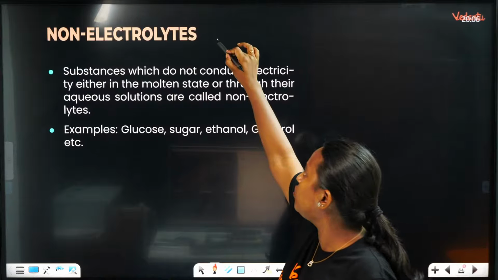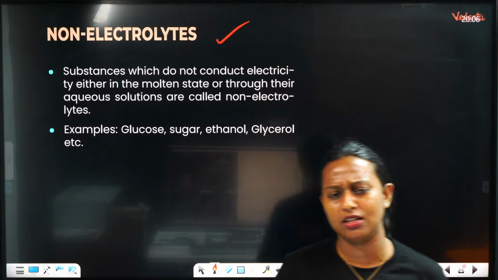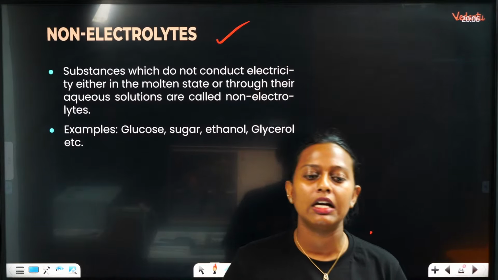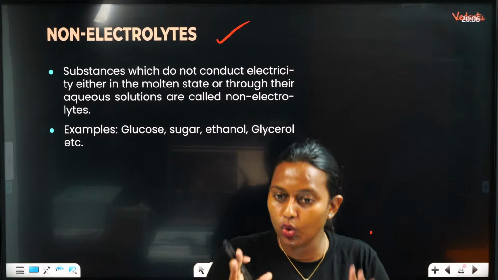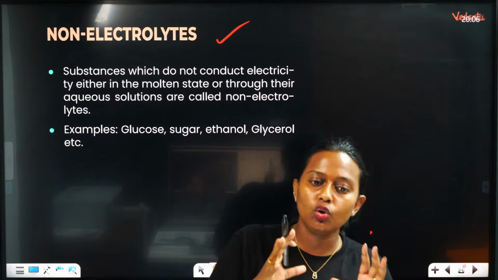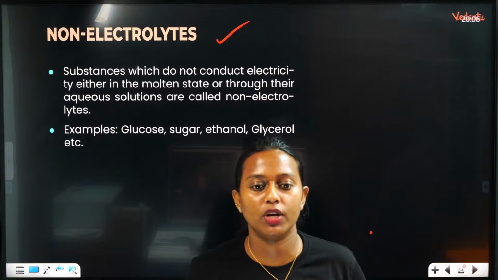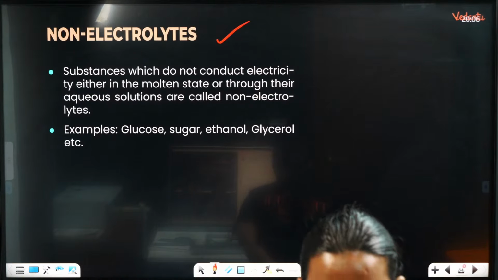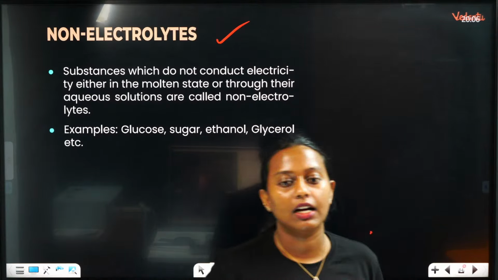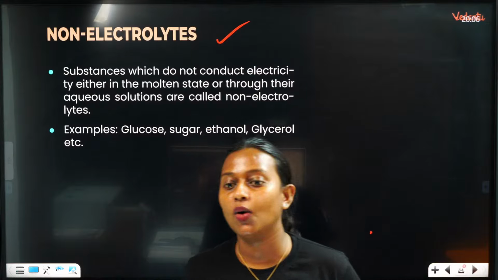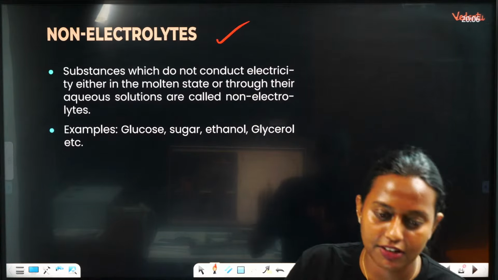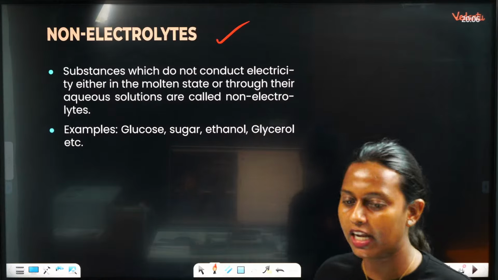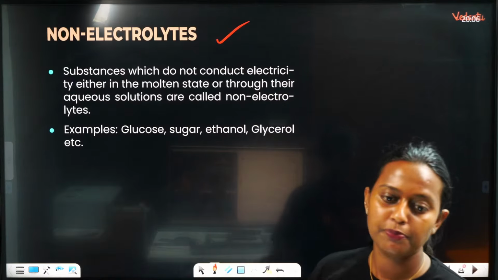Then next is non-electrolyte: it does not conduct electricity through aqueous solution or through molten state. I will explain what conductance and conductivity are, don't worry, it will become clear.